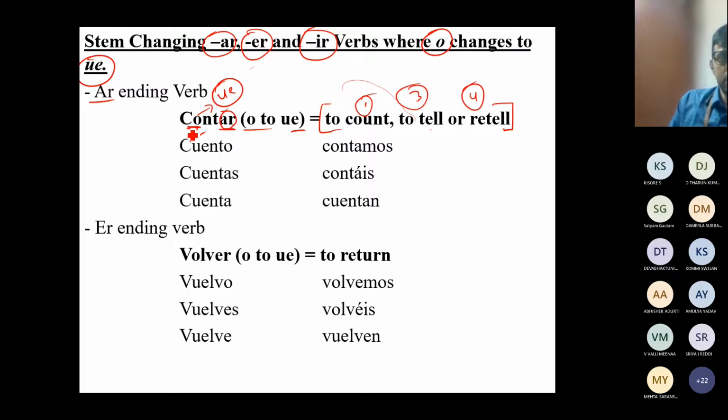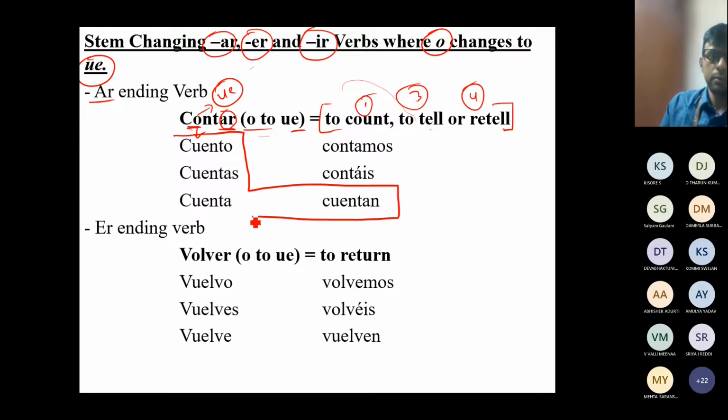So, being a stem changing verb, the boot rule will be followed here. So, I can draw the boot structure here. And if you see under this structure, the verb forms which are coming, in the stem part, UE is coming after changing O. So cuento, cuentas, cuenta, and cuentan.